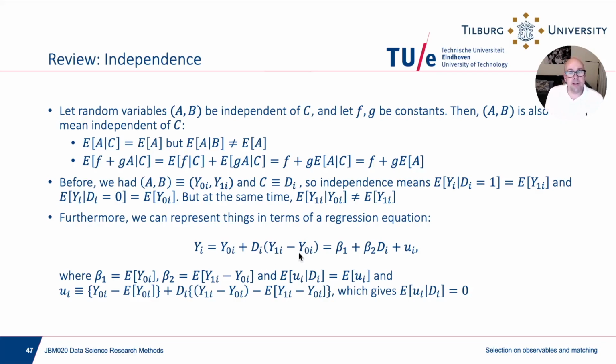So what I've written down here is simply what we called in the previous presentation the observation rule, that when d is equal to 1, I observe y1, and when d is equal to 0, I observe y0. What I've done here is I've now written down that one can think of this as beta 1 plus beta 2 di plus ui.